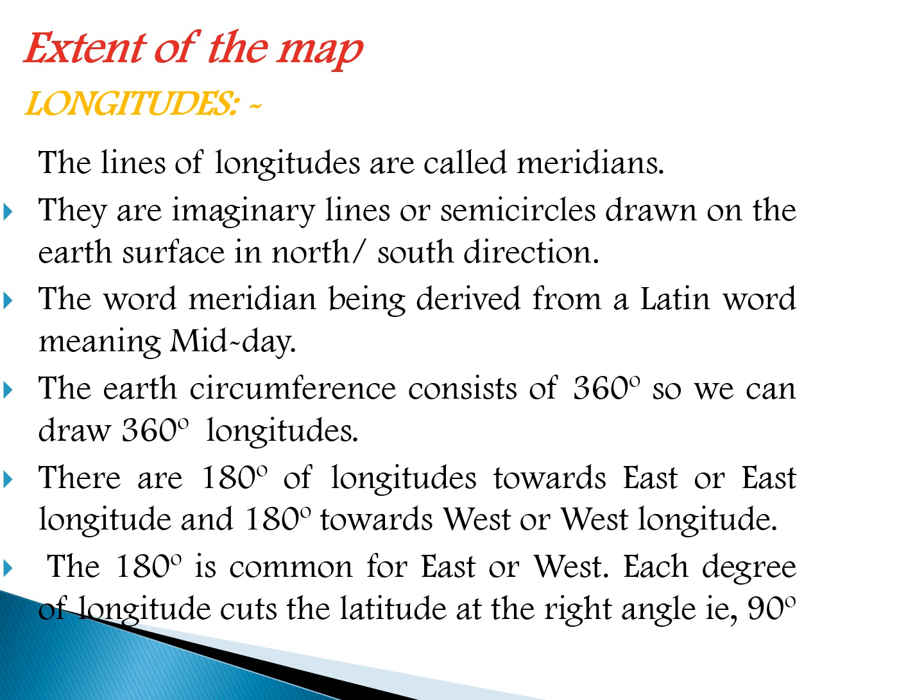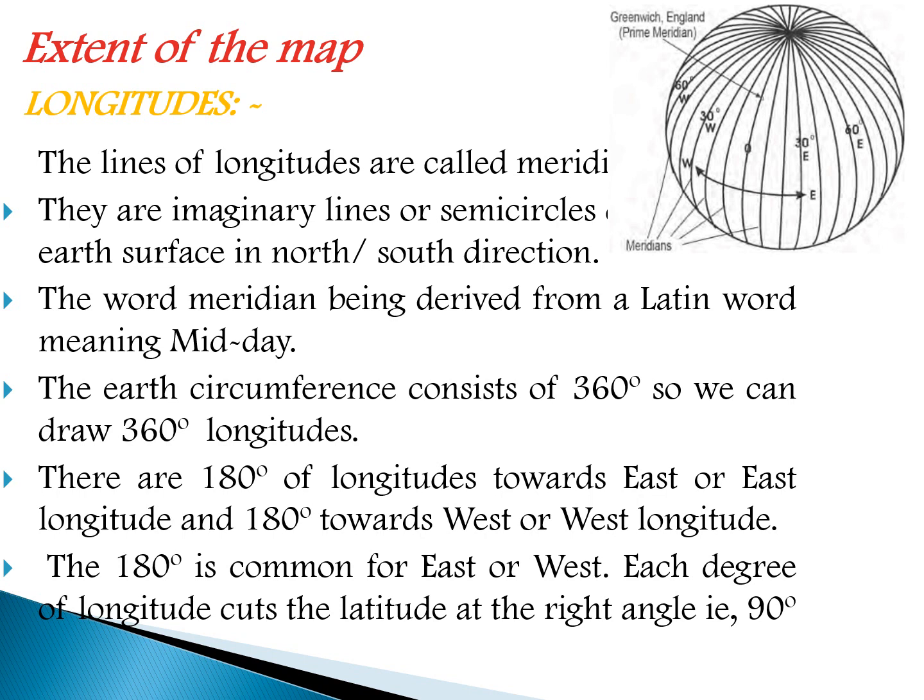Each degree of longitude cuts the latitude at a right angle, that is 90 degrees. This is how the longitudes are shown: 180 towards east are east longitudes, and 180 towards west are west longitudes.